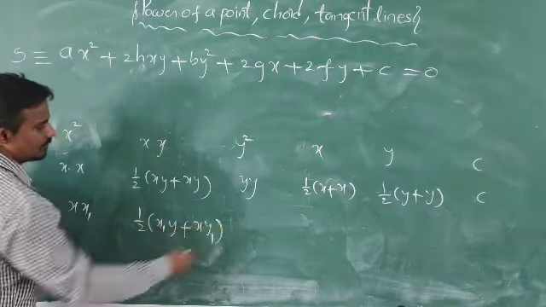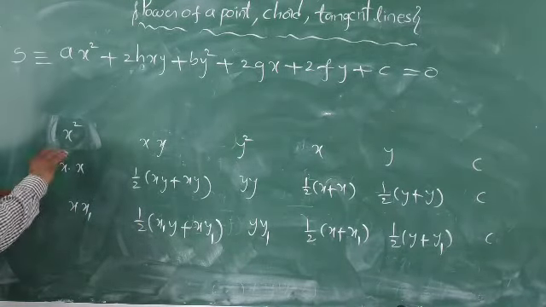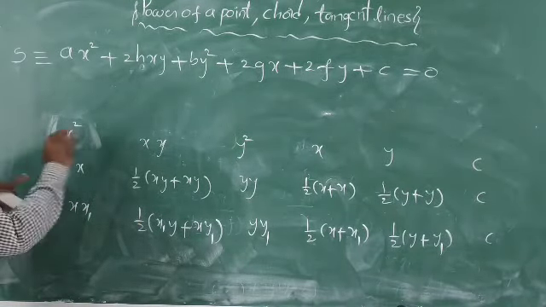And what about 1 of y square? It is y into y1. And 1 of x is half of x plus x1, and 1 of y is half of y plus y1. There is no notation for the constant term. So these are the 1 of each term.